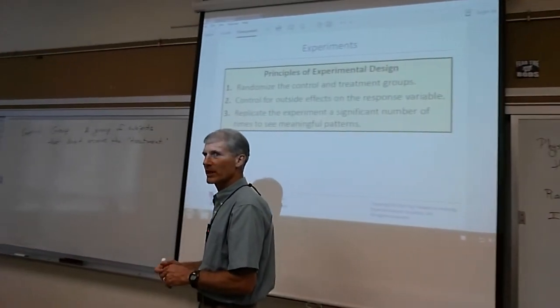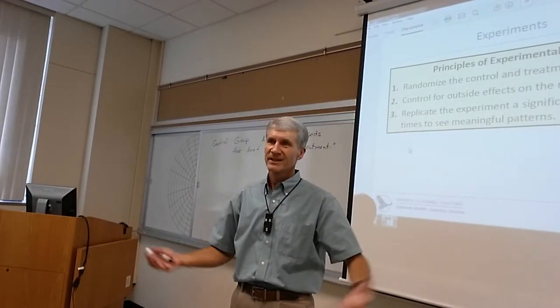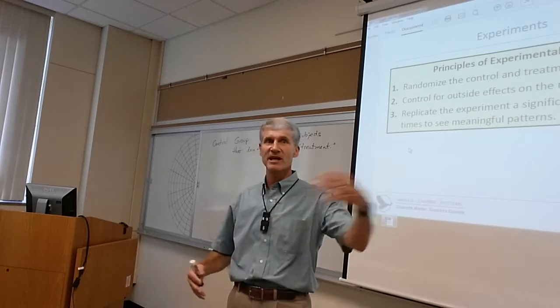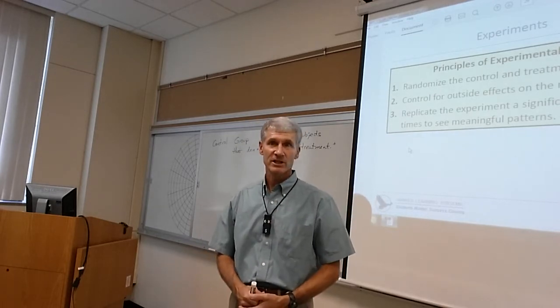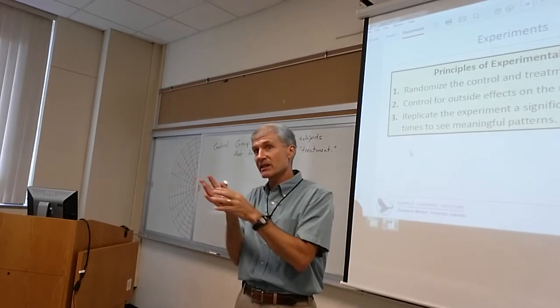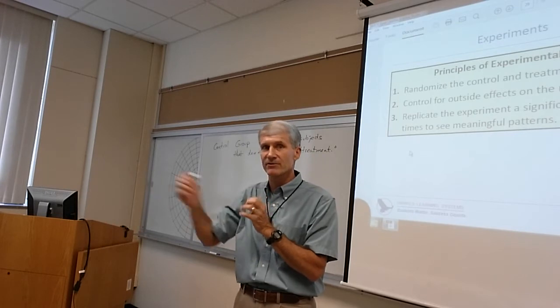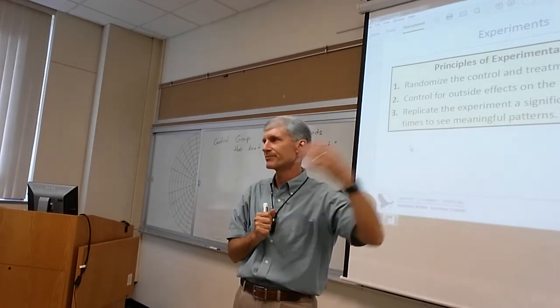So if smoking affects the way that the drug works, you'll tend to get half your smokers in one group and half your smokers in the other group. Whereas if you let the researchers decide who goes in, they may not get that balanced. They may subconsciously put all the smokers in the active group and all the non-smokers in the placebo group. Right?